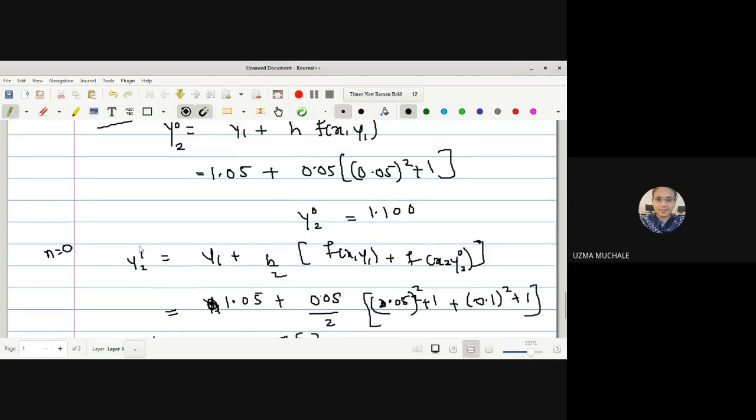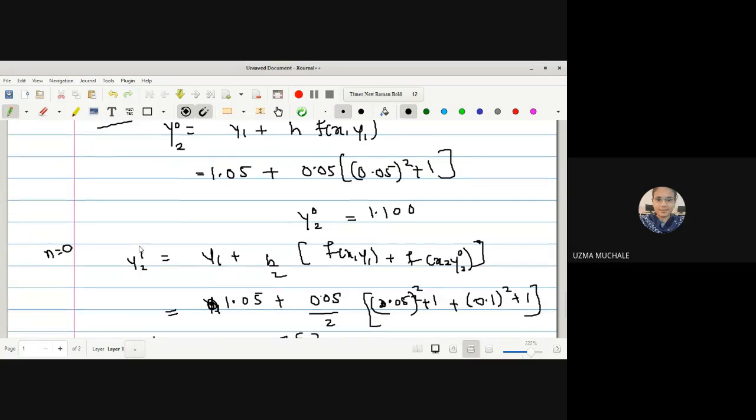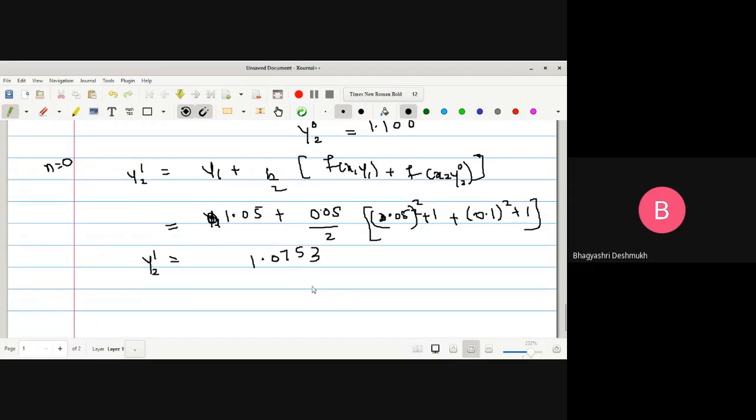Here y2 dash whatever we have found is 1.1, na, with the help of Euler's method. Now we are using Euler's modified method to get the value of y2 in such a way that it has a minimum error. I don't know how many of you are solving, otherwise we can get the correct answer. No, ma'am. Y2 dash is 1.0753.